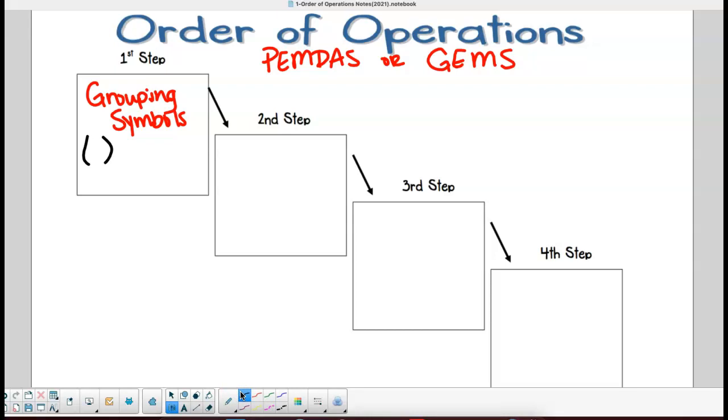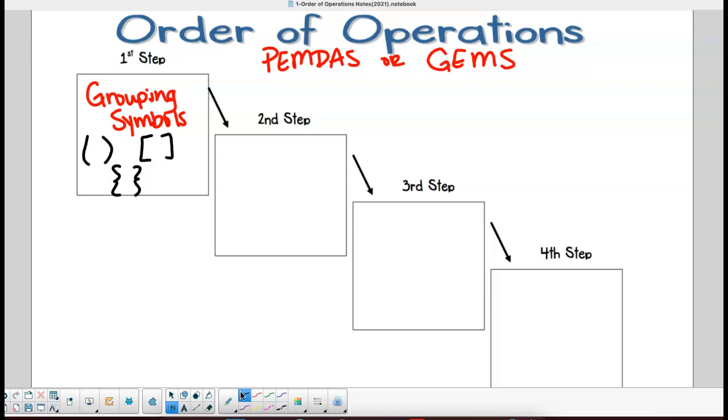So write this stuff down. It can mean brackets. It can be these kind of brackets, I don't know what they're called, like the squiggly type bracket. So anytime you see any of those grouping symbols, we have to do what's in there first. So that's the P or the G.